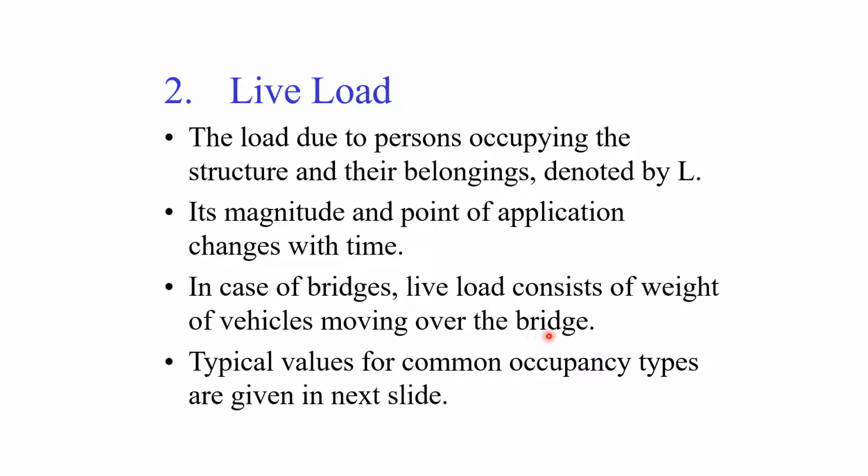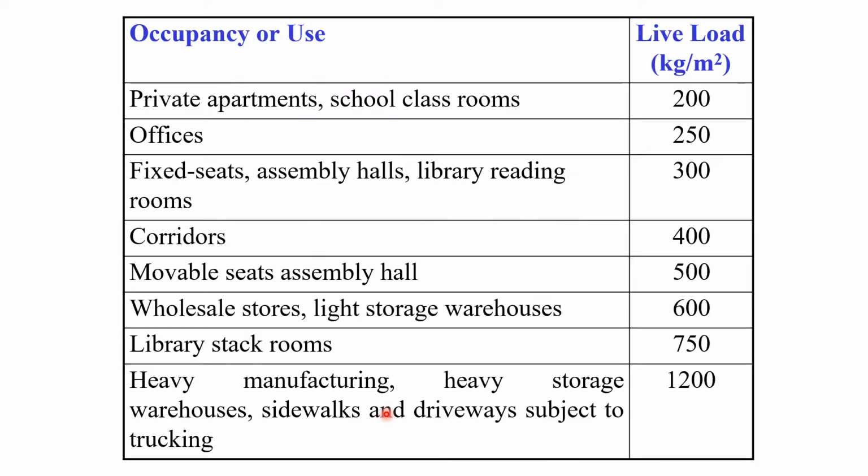Typical values for common occupancy types are given in the next slide. Here is a table. For a private apartment, school, or classroom, you can use a live load of 200 kg per meter square. Similarly, library stack rooms 750 kg per meter square, and heavy machinery 1200 kg per meter square.